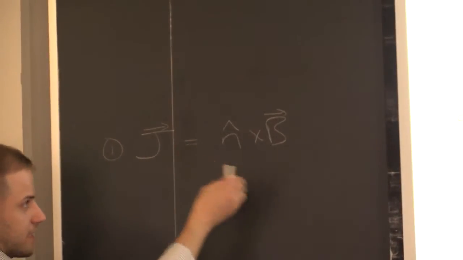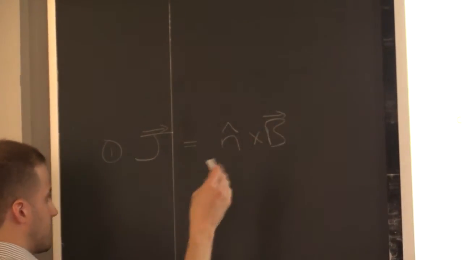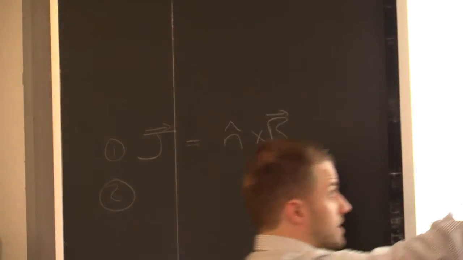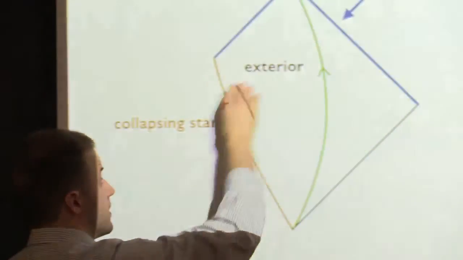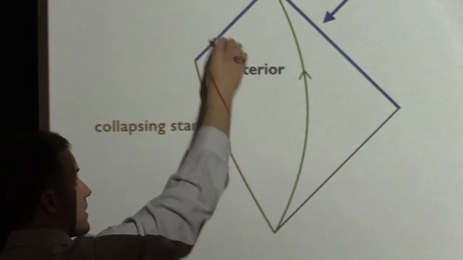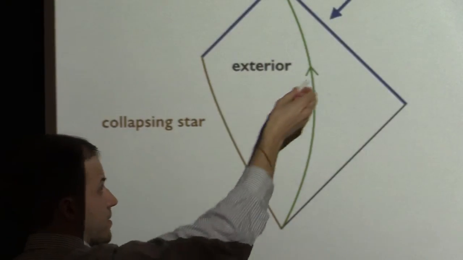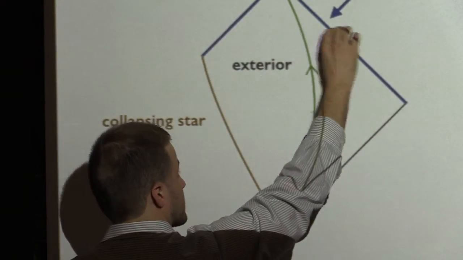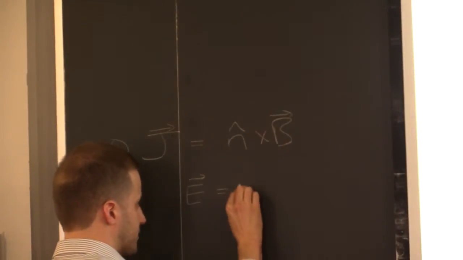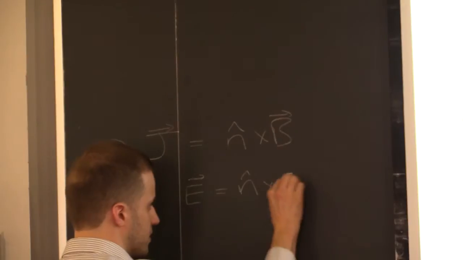There are plus or minus signs depending on whether you're at the horizon or at infinity. And then the second thing is that at these null surfaces, because they're null, you can have electromagnetic waves going in one direction, like ingoing but not outgoing, or in this case outgoing, but you can't have waves coming in. As a result, you get a constraint that the electric and magnetic fields have to look perpendicular to each other.